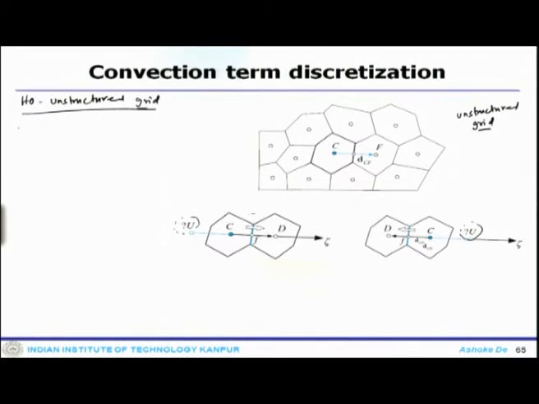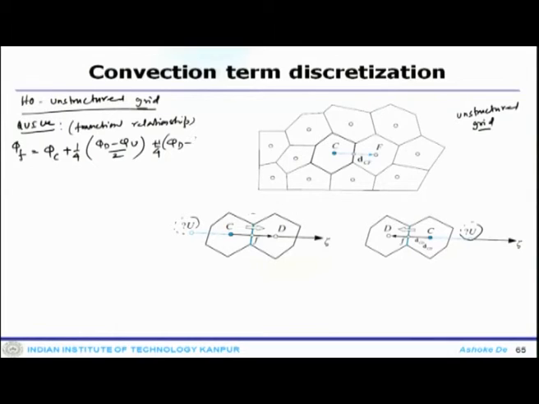For the functional relationship, let us say we start with the QUICK scheme, which provides phi f is phi c plus 1 by 4 phi d minus phi u by 2 plus 1 by 4 phi d minus phi c. This is what we got from these things.